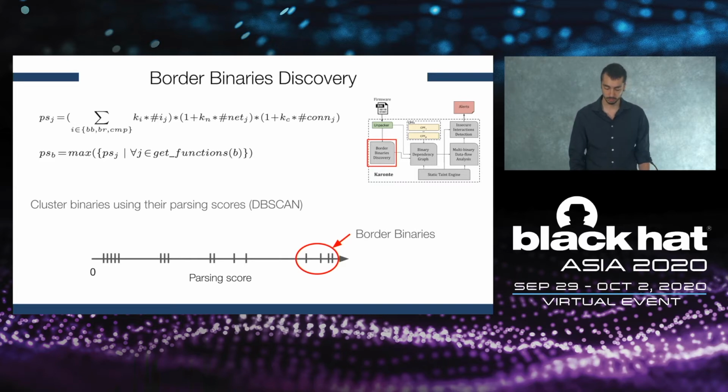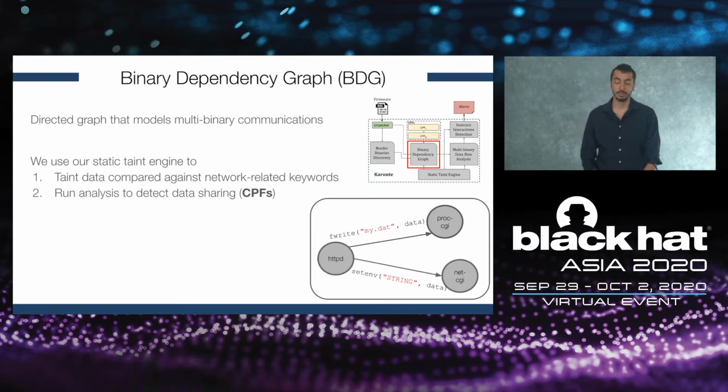Once we get all these border binaries, we compute the binary dependency graph, or BDG. The BDG is basically a graph that models the data dependency across the different binaries in the firmware. To build this graph, we use our static taint engine to taint data that is compared against network-related keywords in the border binaries, and then we run a taint analysis to detect if some data has been shared.